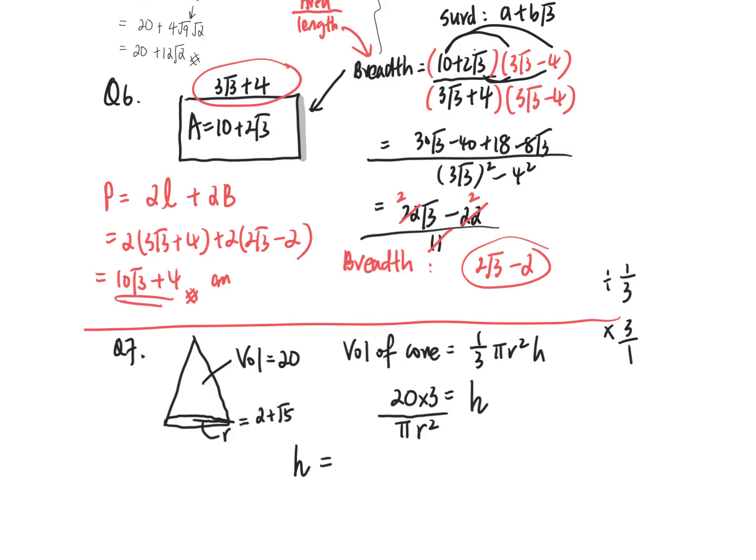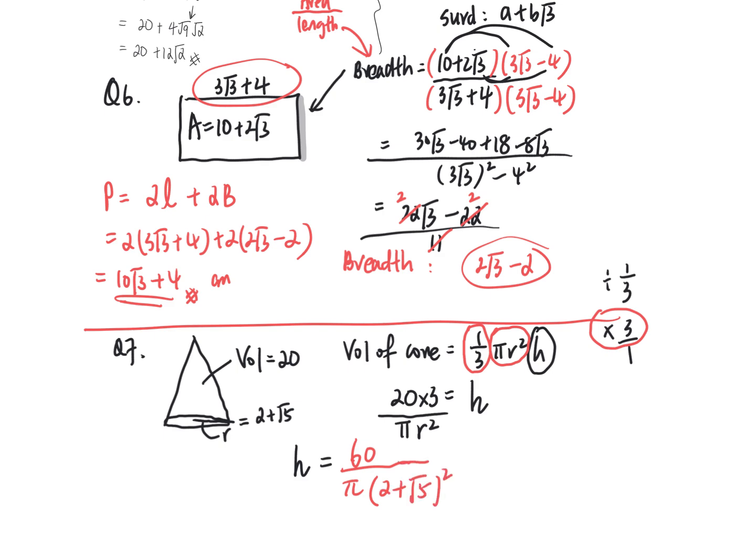Okay, so I repeat one more time. To find height, I need to divide by 1/3. But divide by 1/3 is the same as multiplying by 3. And then I need to divide by the pi r square also. So that's why the equation has a pi r square here. So 60 over pi and then my r square.